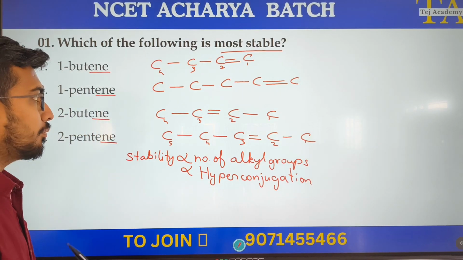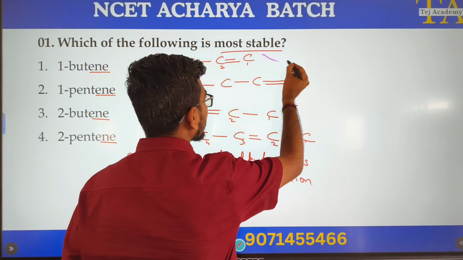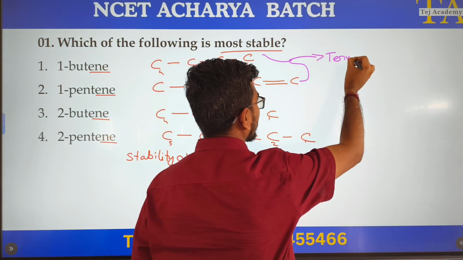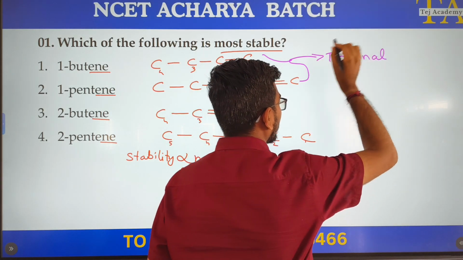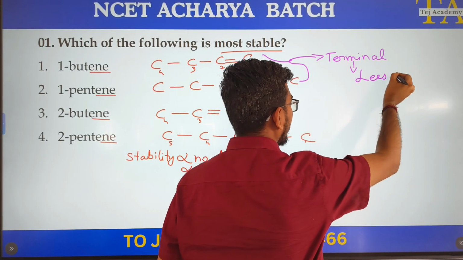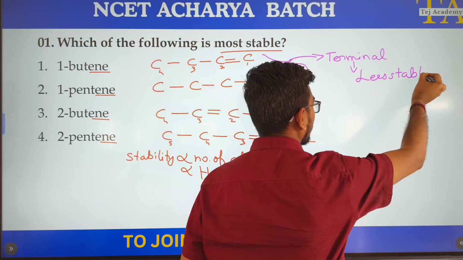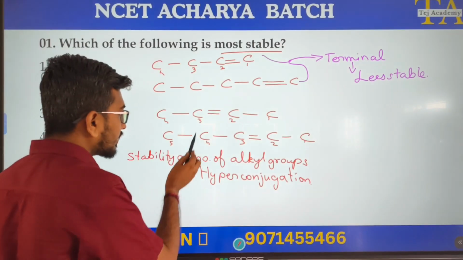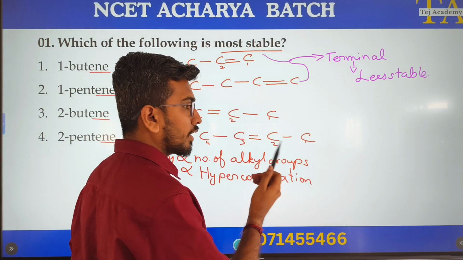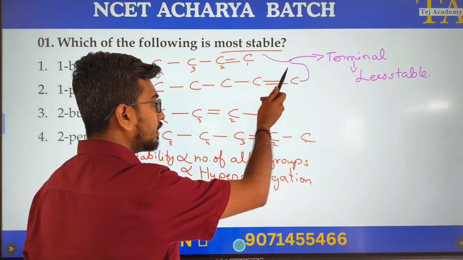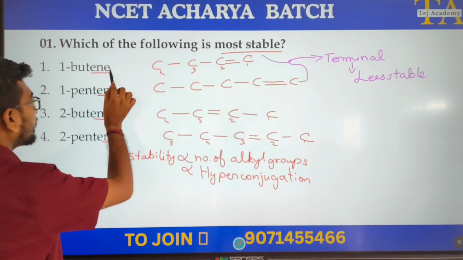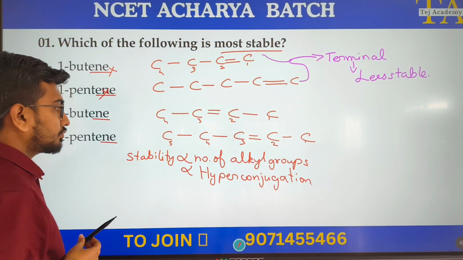So remember one point, if the double bond is present at the terminal position in the molecule, then it is less stable. The double bond which is present internally is more stable compared to the terminal position. So easily we can eliminate the first and second options.